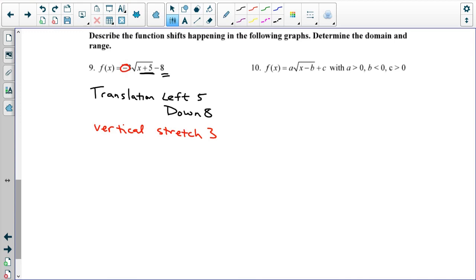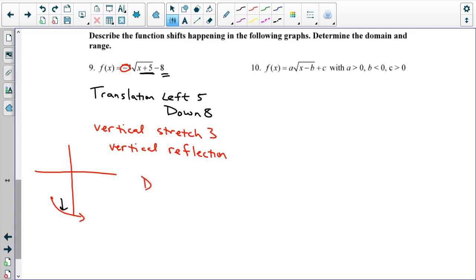And because I have a negative in front, that means I have a vertical reflection also. So if I sketched a graph, it would be left 5, down 8, and then it looks something like this because it flips and the stretch is 3. So it's going to be stretched vertically more than normal.